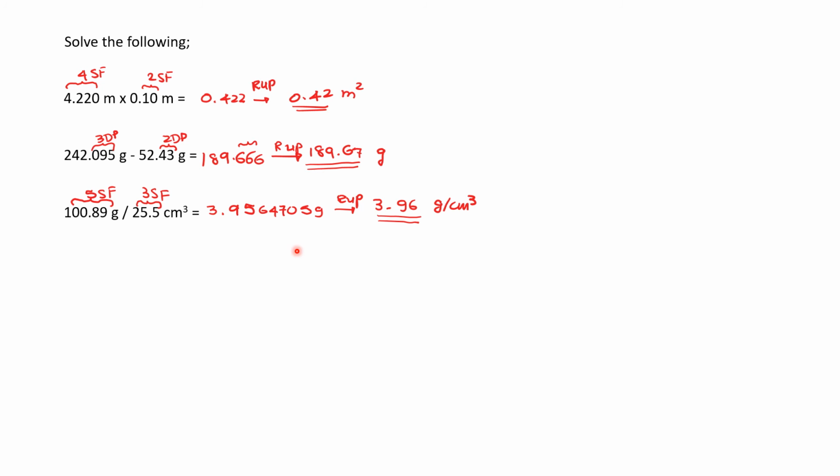If you divide in the calculator, this is the number you are going to get. So we are going to round this to the correct number of significant figures. That means 3 significant figures. This gives you 3.96 grams per cubic centimeter.